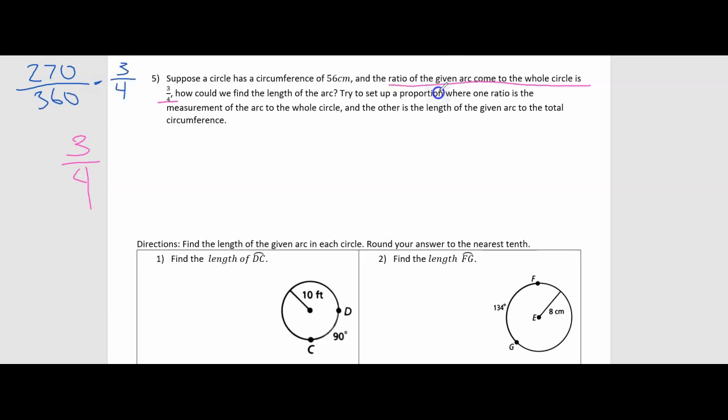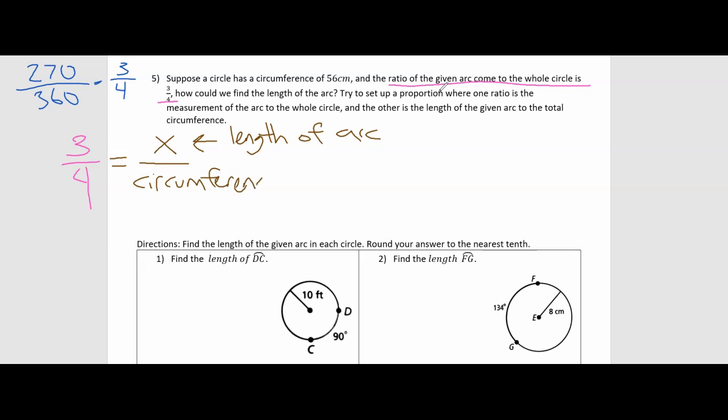So they even did a couple extra steps for us. On the other side, we're going to have our unknown, that is the length of the arc. And in the denominator, we're going to have the entire circumference.